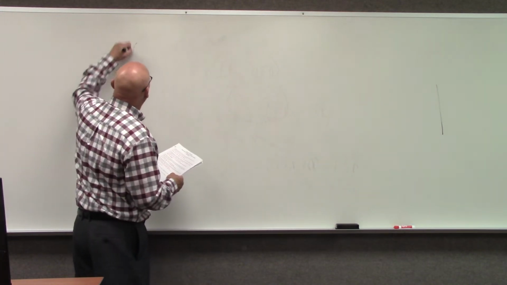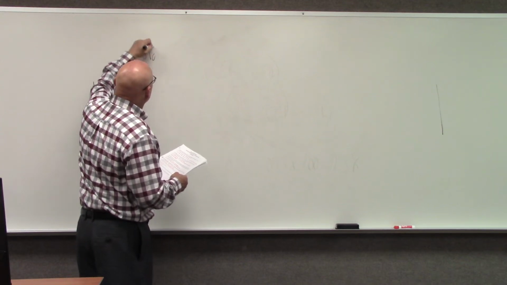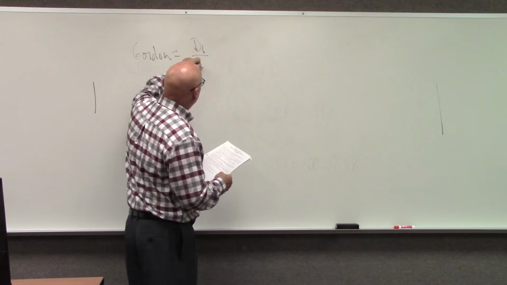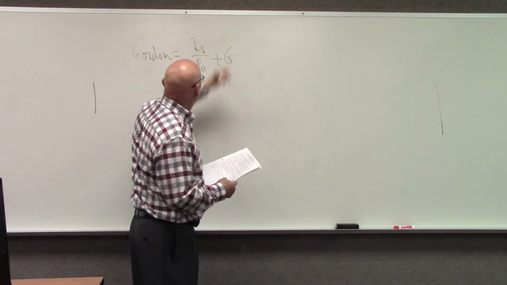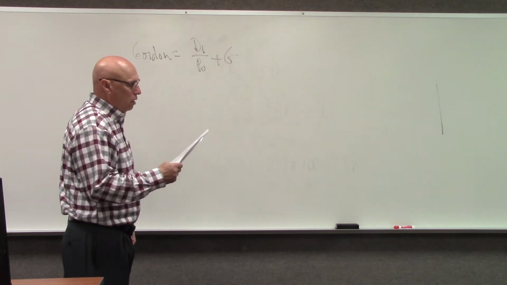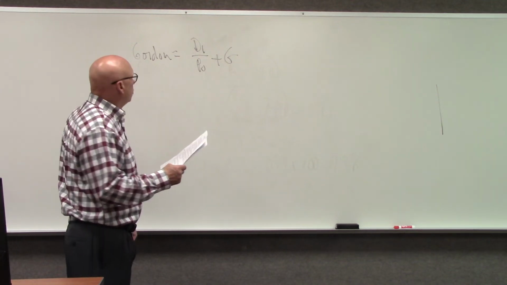So remember, Gordon is equal to D1 over P0 plus G. They just paid a dividend of $1.80, so we have to find D1.